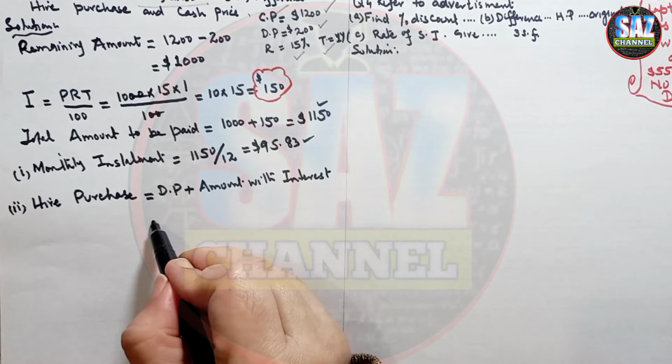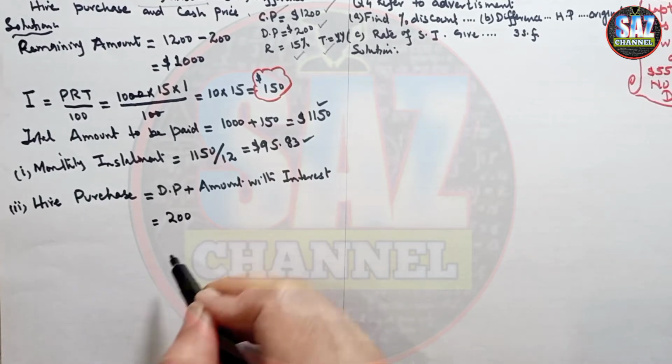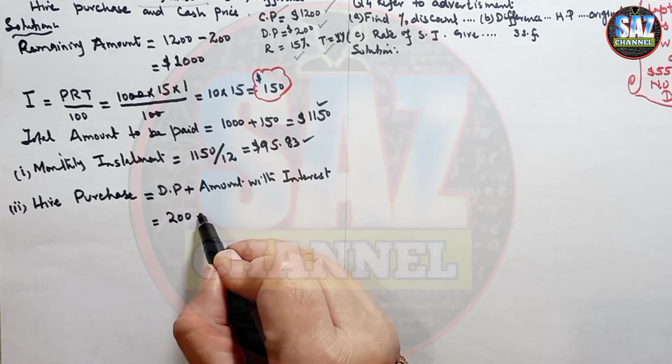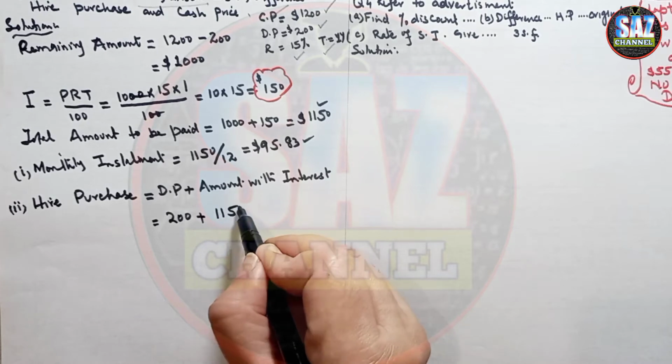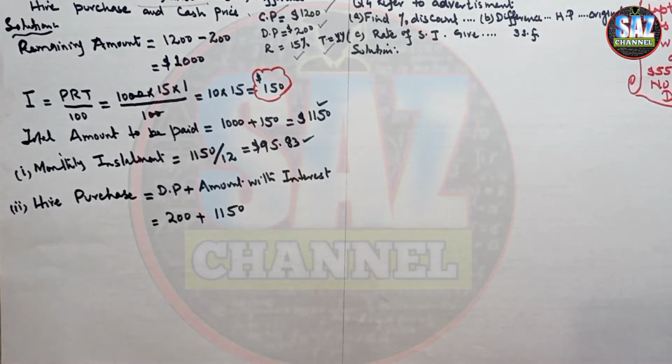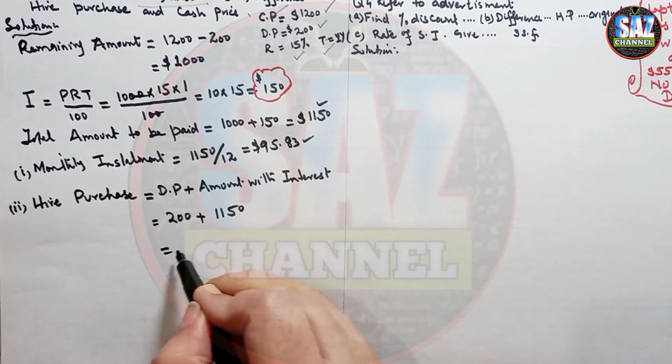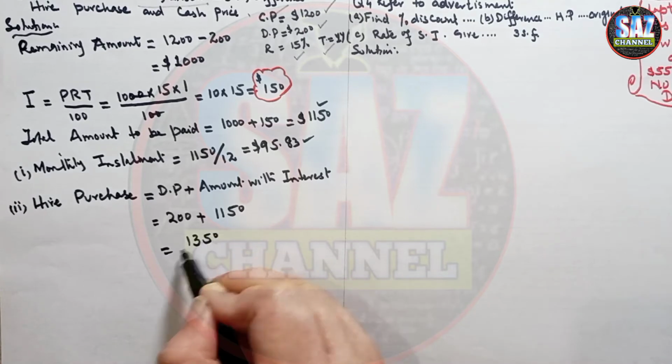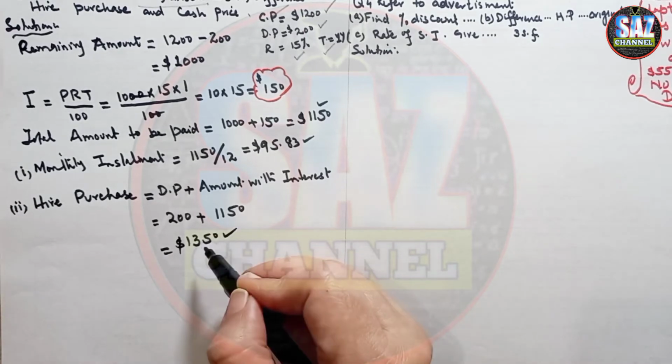Down payment is 200 and amount with interest for this situation is 1,150. Let me add them up. 200 plus 1,150, and that will give me 1,350, so 1,350 is the hire purchase.